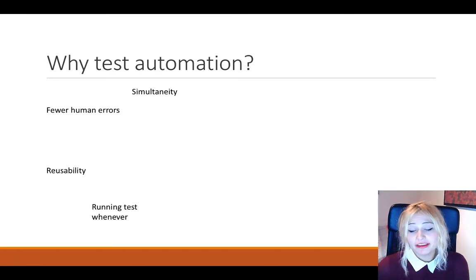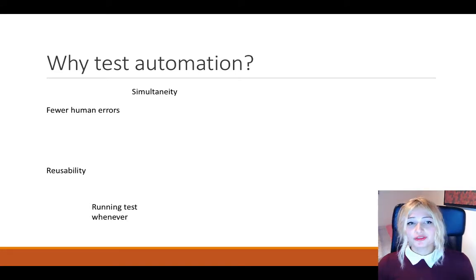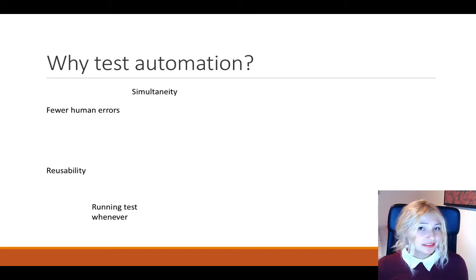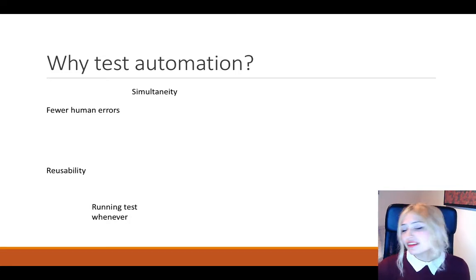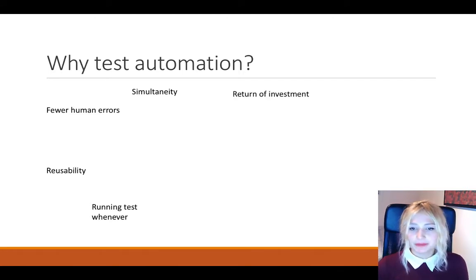For example, you have a continuous integration testing lifecycle system, and you want to make sure that your tests are executed nightly, and you receive the test results in the morning. So every morning you can see, okay, my application is working, or my application is not working. It's not possible with manual testing. This is why test automation is important.